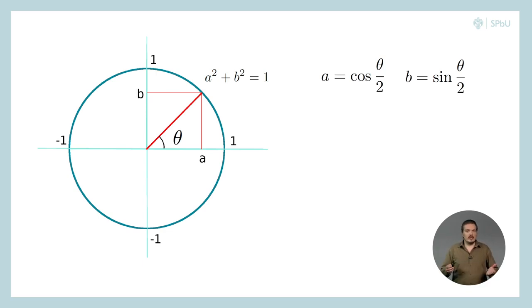Now instead of a, we can write cosine theta divided by 2, and instead of b, sine theta divided by 2. You may ask why I need to divide theta by 2 in the arguments of sine and cosine. You will see the answer to this question very soon.